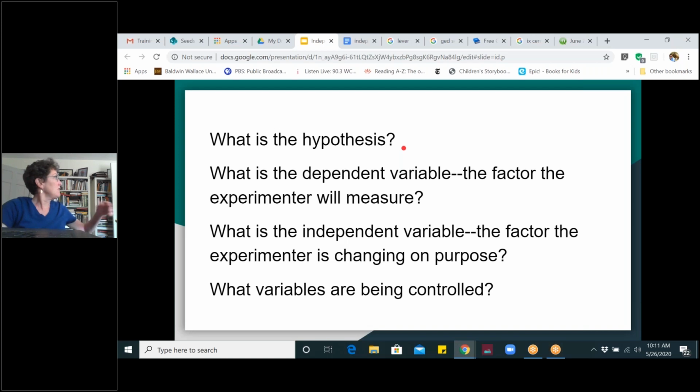The experimenter is going to measure both of the plants. They will measure both groups of plants. But what are they measuring about the plant? Is it the fertilizer or the amount that it grows?